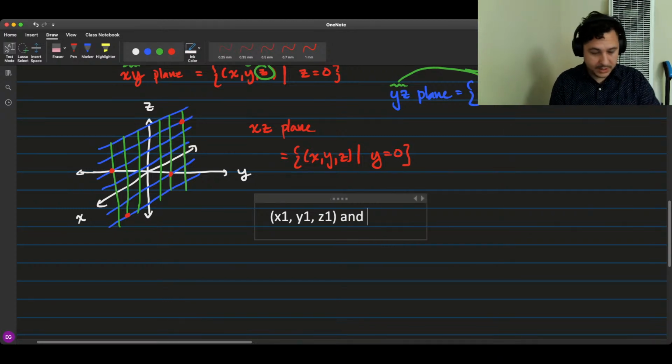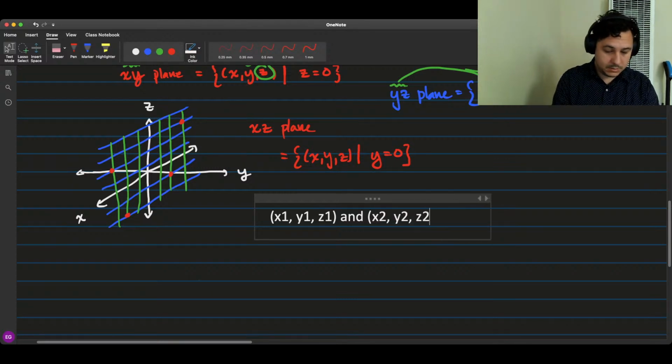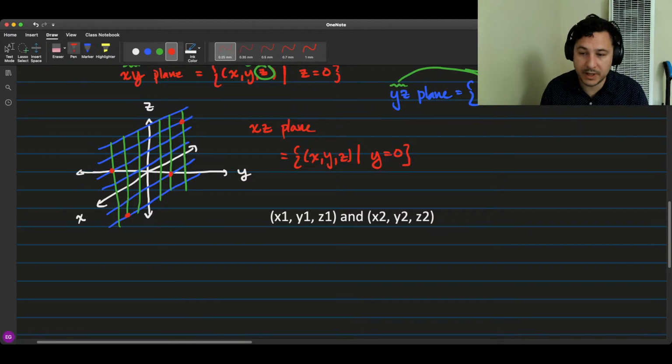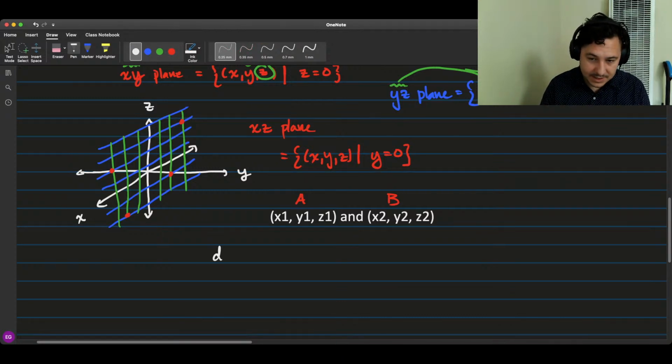And your other point is called x2, y2, z2. And you're wondering, like, well, how far away are they from each other? So let's call this one point A. Let's call this one point B. So you're wondering, hey, what's the distance between point A and point B?